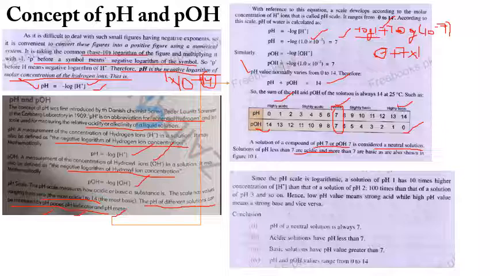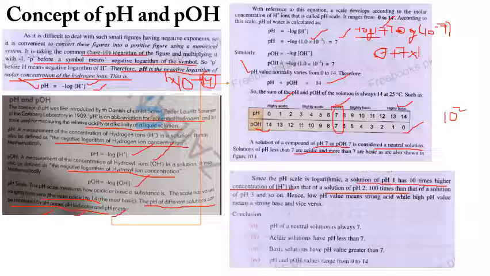Now what does it mean? pH of 1, 2, 3, 4, what does it mean? It is simple, because it is the logarithmic scale we have used. So a solution of pH 1 has 10 times higher concentration of H plus. Then the solution of pH 2 means 100 times, meaning pH 2 is equal to 10 power 2.